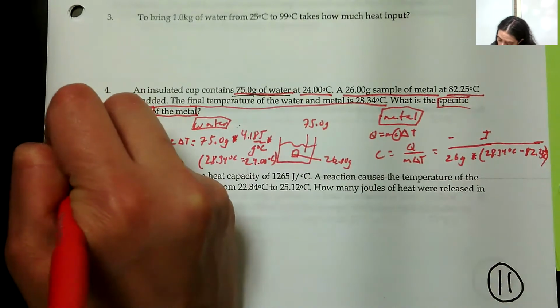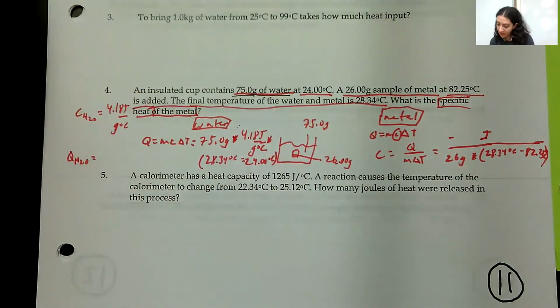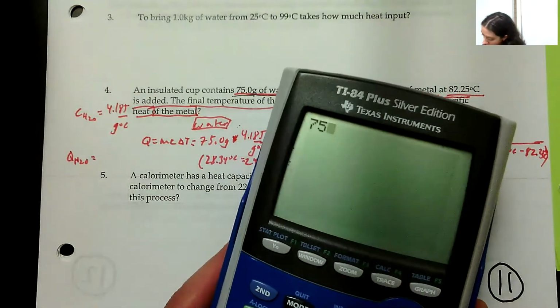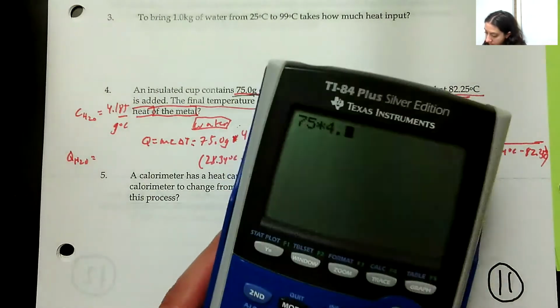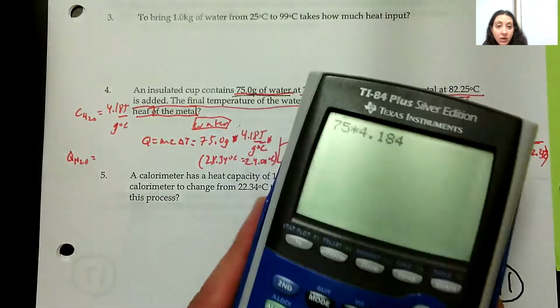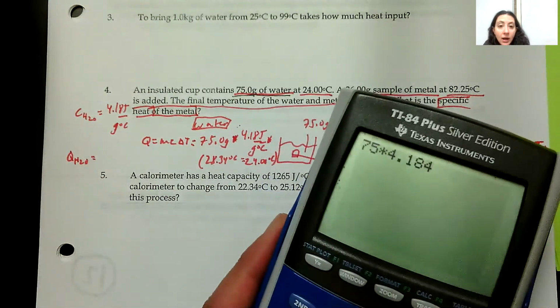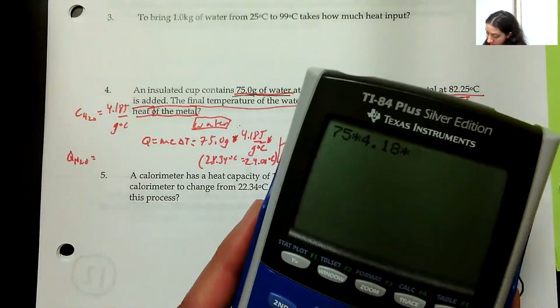So Q for the water is going to be equal to, let's see, 75 times 4.18, sorry, times that temperature change.